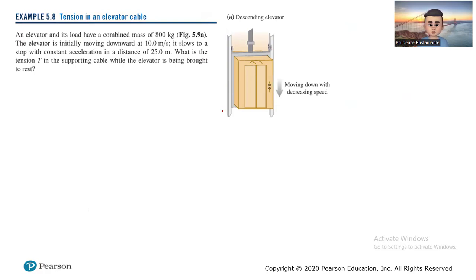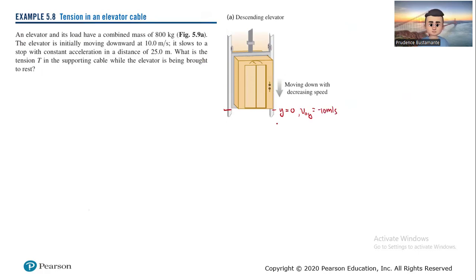Okay, so for example, this is the initial y equal to 0. It is also moving, v sub oy is downward, so meaning negative 10 meters per second.